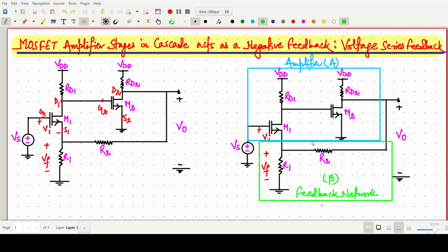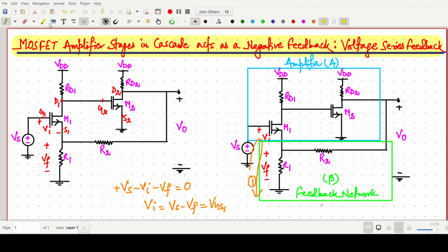Now, which kind of feedback is there? For this purpose, if we apply Kirchhoff's voltage law in loop 1, starting from plus Vs, minus Vi, minus Vf equals 0. So Vi equals Vs minus Vf, and this is nothing but the gate to source of M1 voltage.